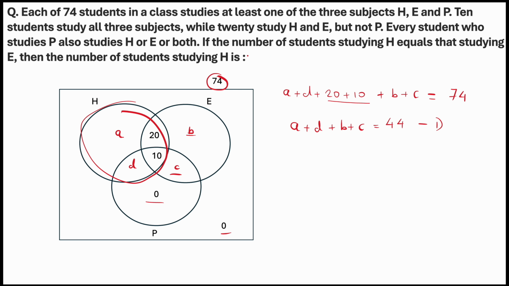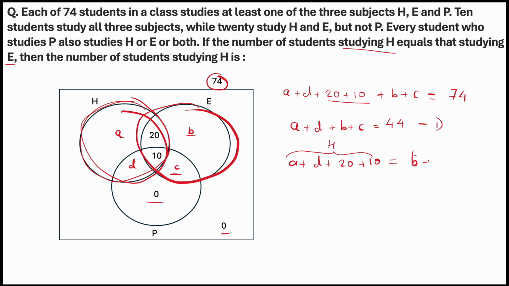Further, in the last line they've said the number of students studying H equals the students studying E. The students studying H will be this entire circle again, A plus D plus 20 plus 10. This is the number of students studying subject H. The question says this is the same as the number of students studying subject E, which is the entire circle E, so that is B plus C plus 20 plus 10.